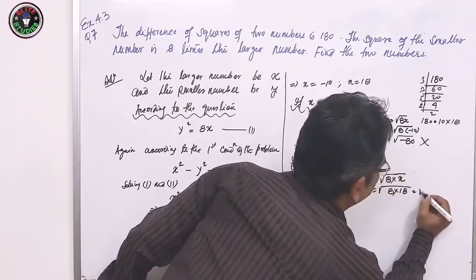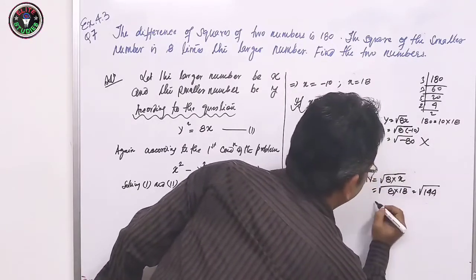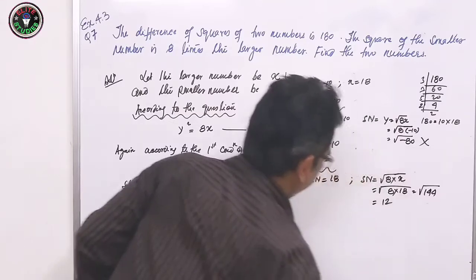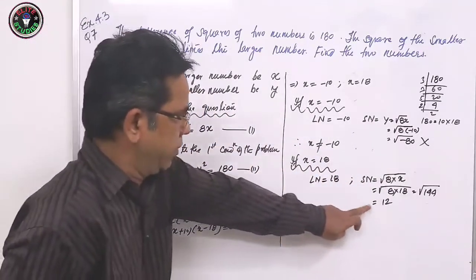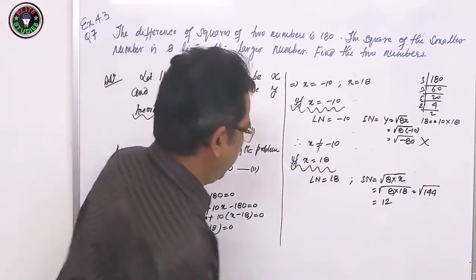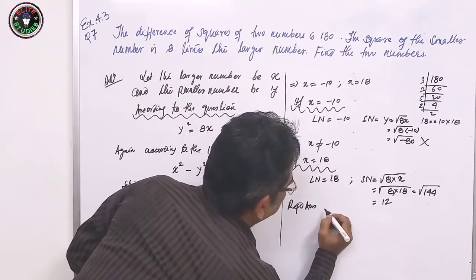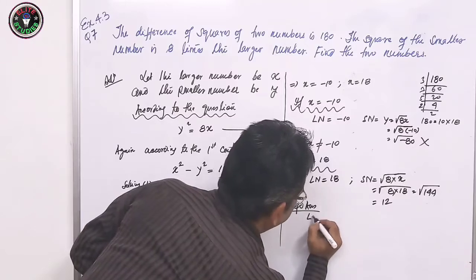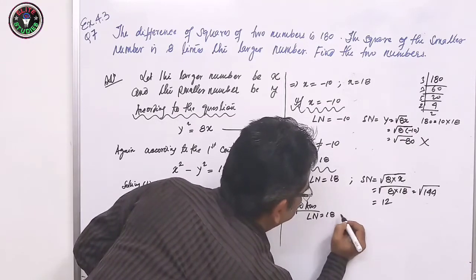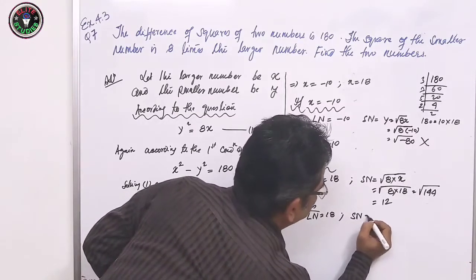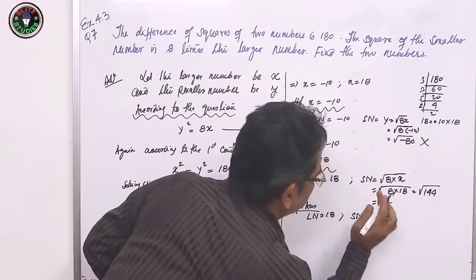Root over of 144 is equal to 12. Now it is satisfied. So therefore the required answer is that the larger number is equal to 18 and the smaller number is equal to 12.